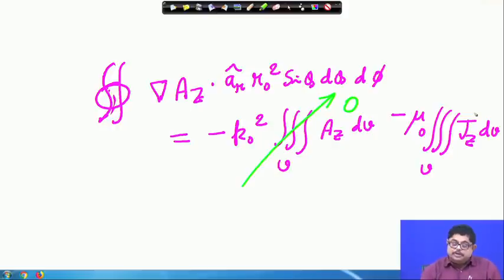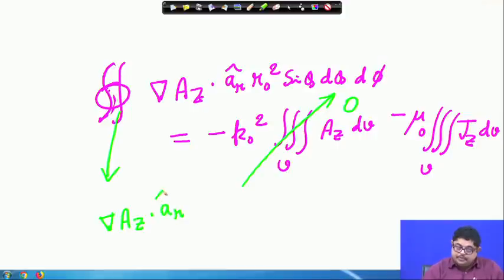So, this term also I have solved. Now, this term, let me further manipulate this term. What will be this term if you see? What is actually del Az dot AR? Others will be coming later. So, this means what?